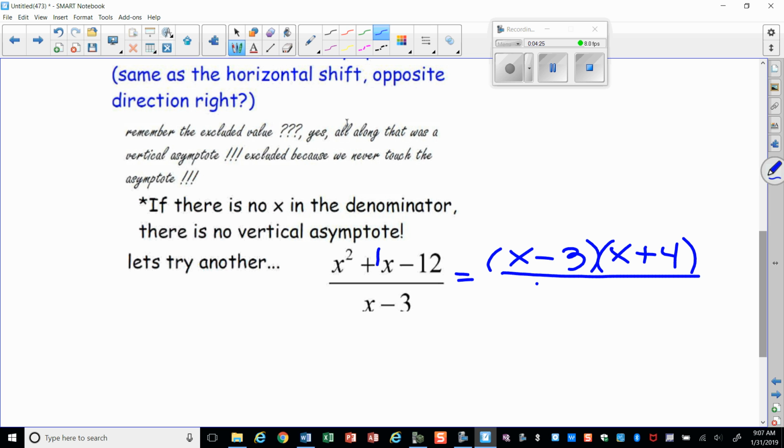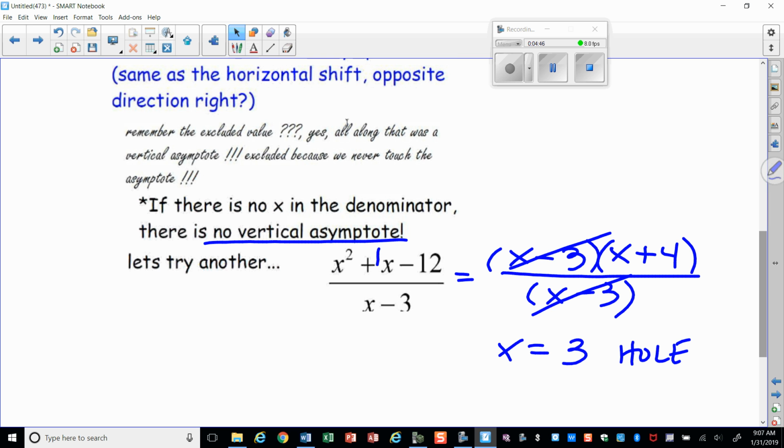And then I have an x minus 3 in my denominator, so that is going to cancel out. That would be when x equals positive 3, and that's going to be a hole. Since everything canceled out, there's no vertical asymptote.